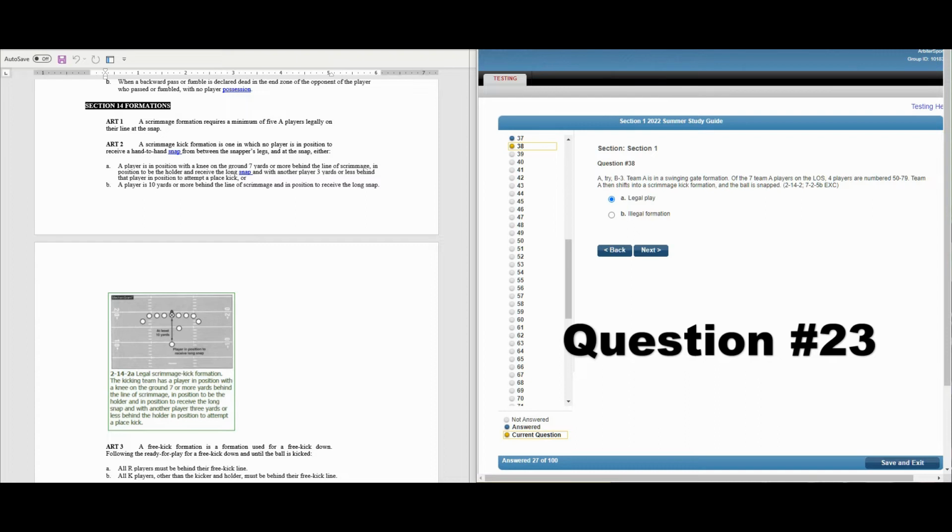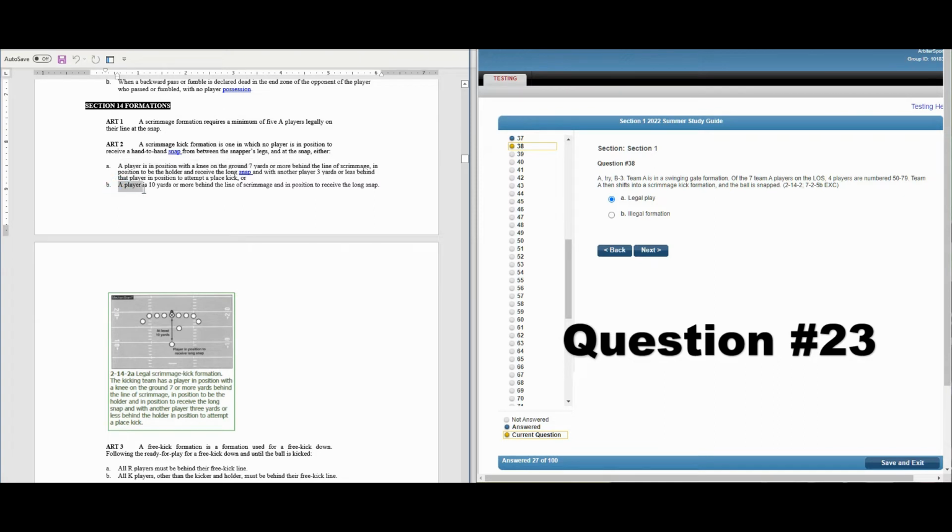Okay, so a scrimmage kick formation is one in which no player is in position to receive a hand-to-hand snap between the snapper's legs. A player is in position with his knee on the ground 7 yards or more behind the line of scrimmage. That would be a field goal scrimmage kick formation.